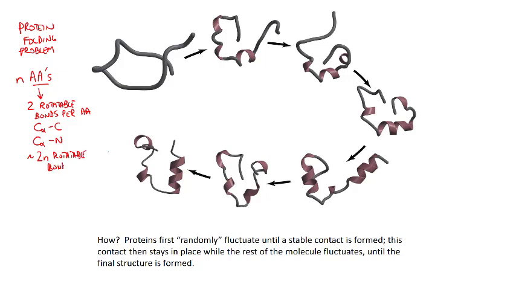And since most proteins have 100 or more amino acids in them, that's going to be several hundred possible rotatable bonds, and each one of those is going to have several possible conformers. So we've got a huge number of possible structures.